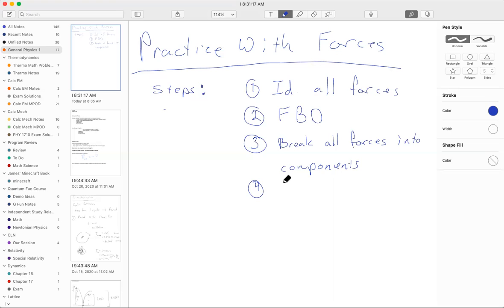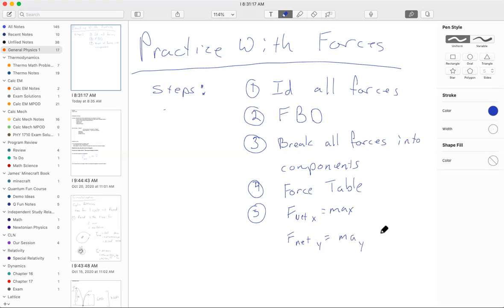Now, the way I will do that is to construct a force table. You don't really have to use the force table idea. You can just add them up in components if you understand what you're doing, but this is a device to help us organize our work. And then step 5, work out F net in each direction: F net X equals MAX, and F net Y equals MAY.